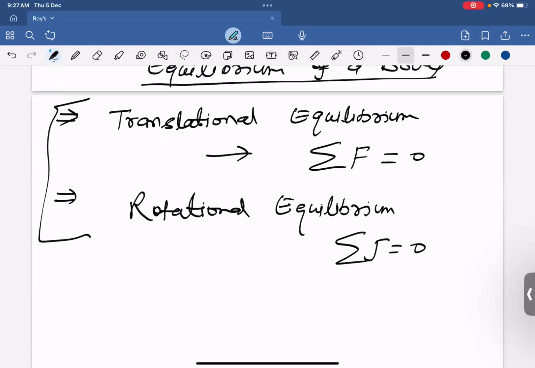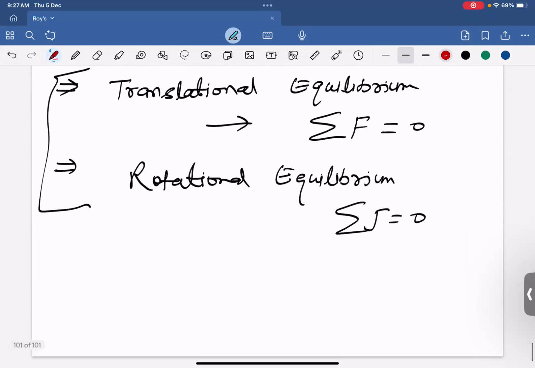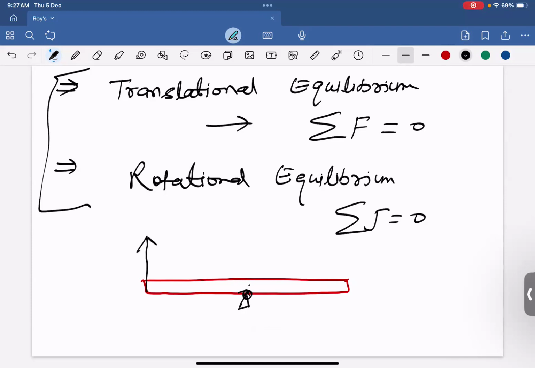Sometimes translational equilibrium is there, but rotational is not. If I take a rod, and let's suppose it is fixed here, it cannot move, and I apply a force F here.